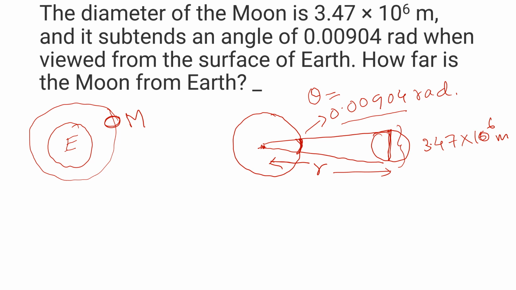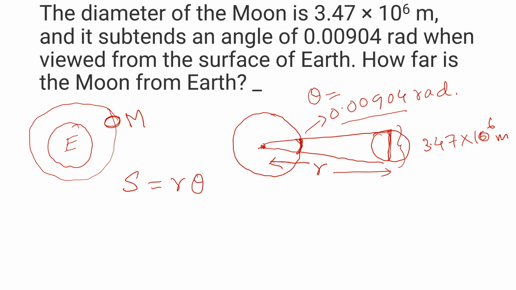And they are asking you to find the radial distance of the moon from the Earth. We know this equation: S, the arc length, is equal to the radius times the angular displacement theta.